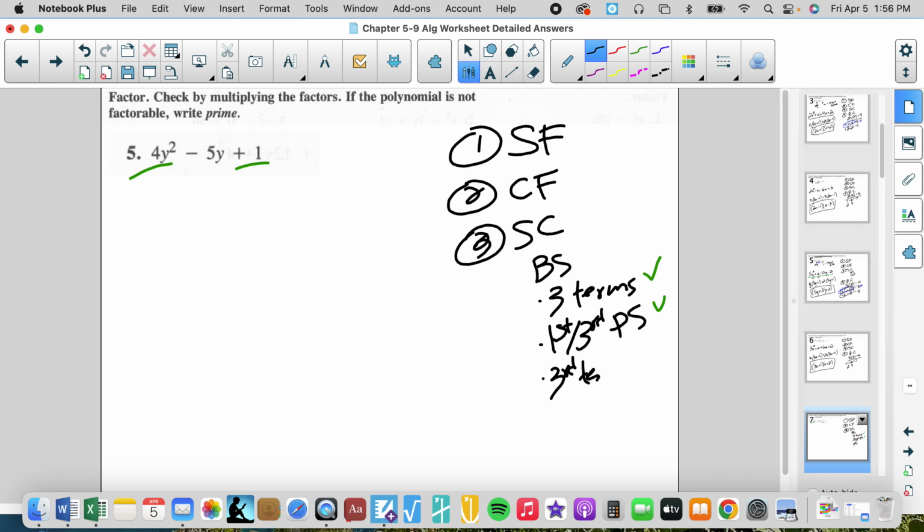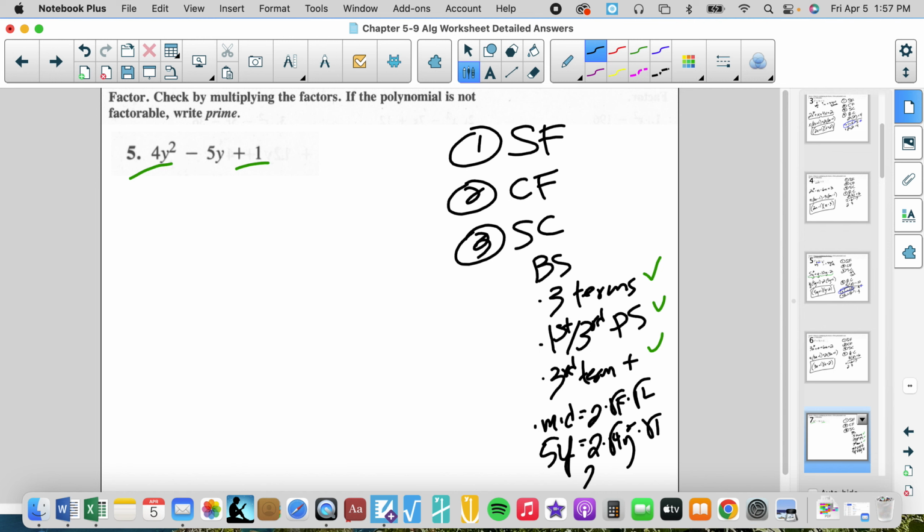Third term positive? Yes. This is the first time we've gotten this far. Now, does the middle equal 2 times the square root of the first times the square root of the last? Our middle is 5y, and 2 times the square root of the first times the square root of the last.